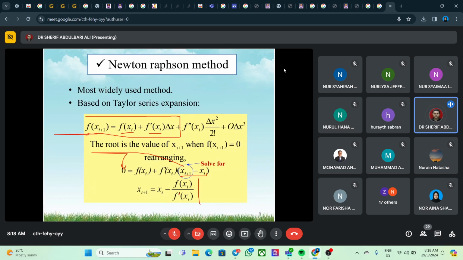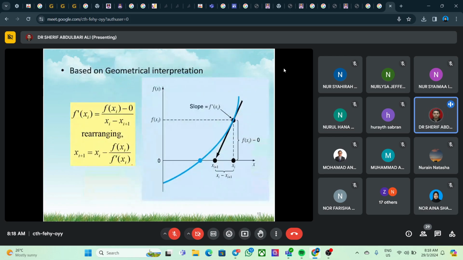So this is the Newton-Raphson equation. Don't memorize it. It's going to be given in the midterm and also in the final exam. How these things came, I explained, but you're not going to be asked how to derive the equation itself. So this is the equation of the Newton-Raphson method.